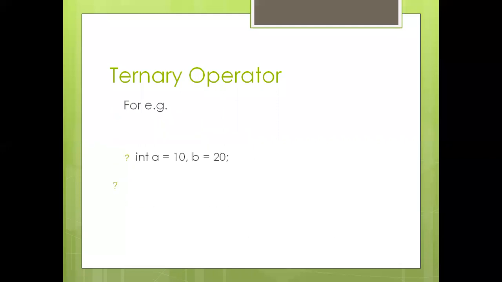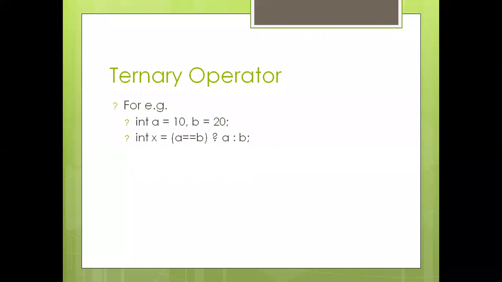Now take a different example. A is 10 and B is 20. Now here A equal equal B. You may ask what is the difference between a single equal and double equal. See, over here the single equal will assign the value and the double equal will compare the value. So A equal equal B means 10 equal equal 20.